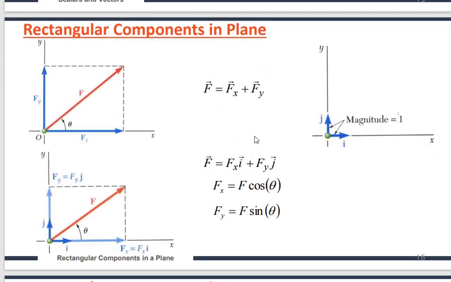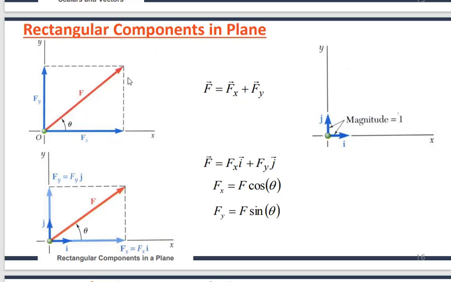Now, because most of the students have not studied statics, I am just telling you how to write Fx and Fy. If there is one force F acting at angle theta, Fx is equal to F cosine theta, and Fy is F sin theta. Why cosine?